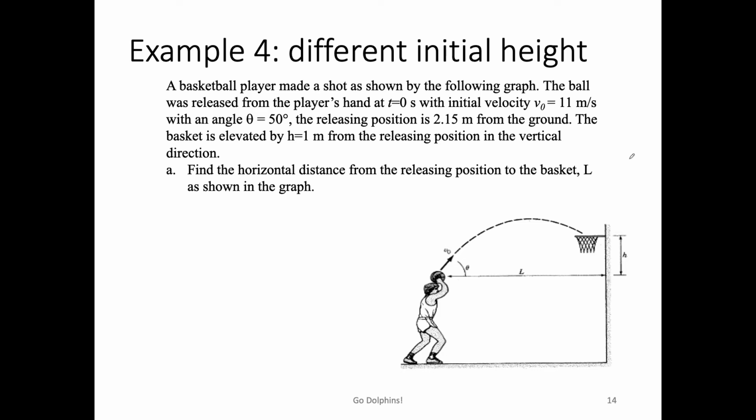This time we not only launch the projectile at an angle relative to the horizontal direction, but also the starting position and the final position are different. For the projectile, the height, which is the vertical position, is different. So it asks us what is this L. What do we know?